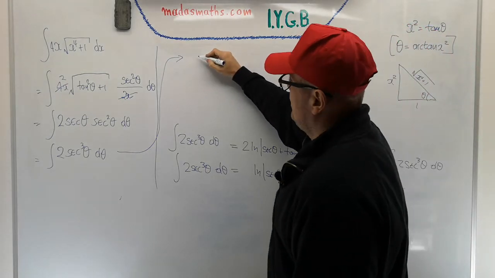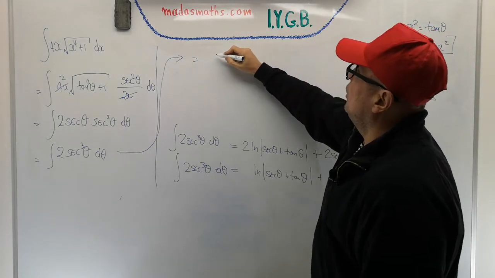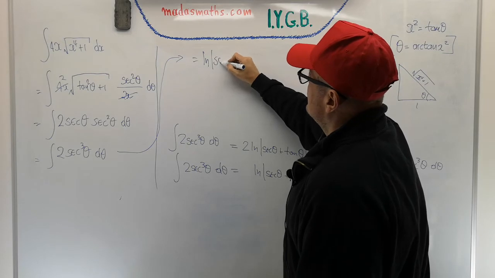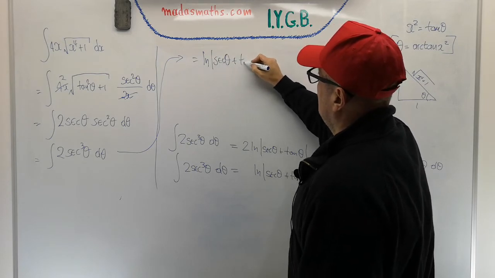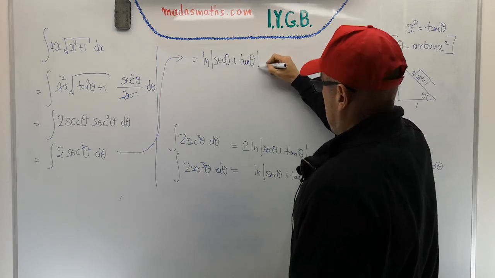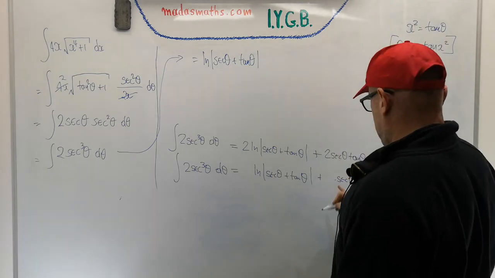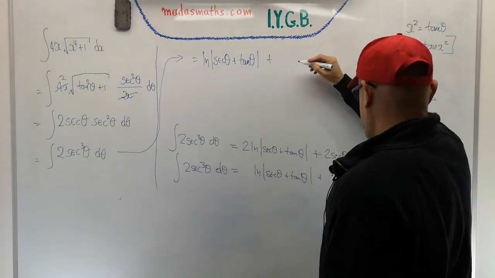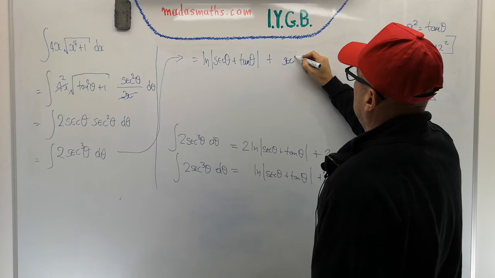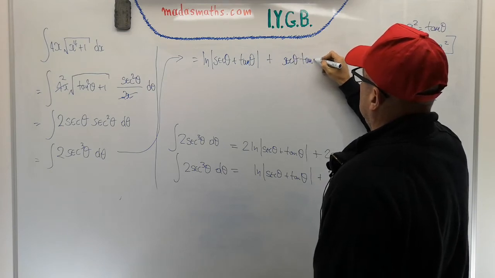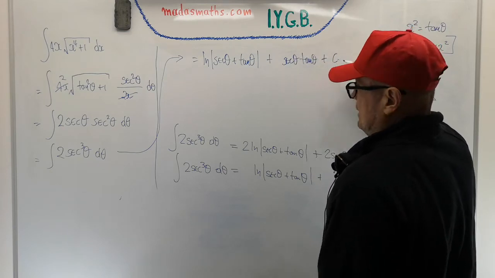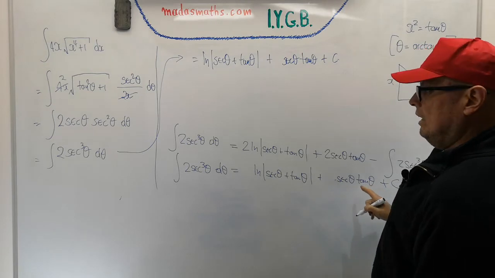Let's copy it up there. So that's equal to log of sec theta plus tan theta, plus, was it plus, sec theta tan theta, plus c. No mistakes in there? No, okay.